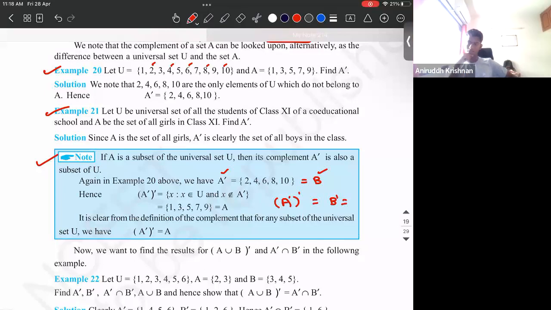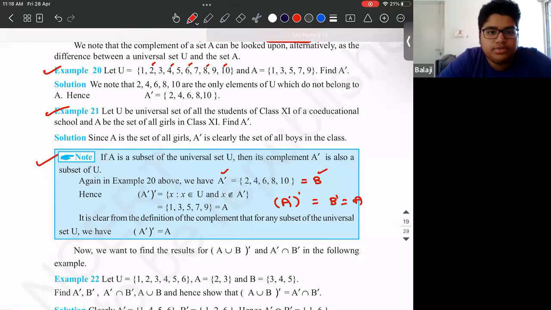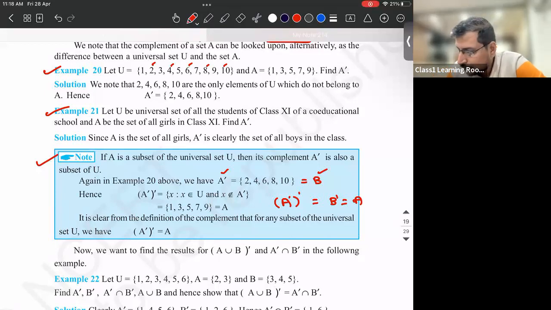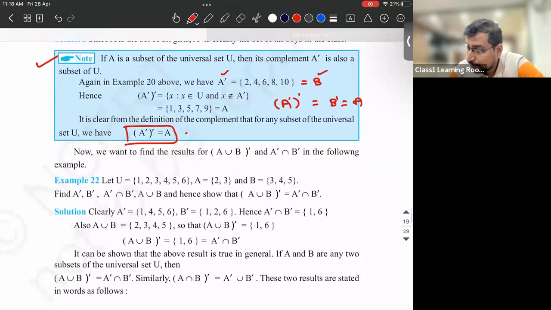It is going to be set A. Because A complement is the set of all even numbers, the complement of that set will be all odd numbers, which is nothing but the set A itself. So that is how it works. We'll see this under a property.